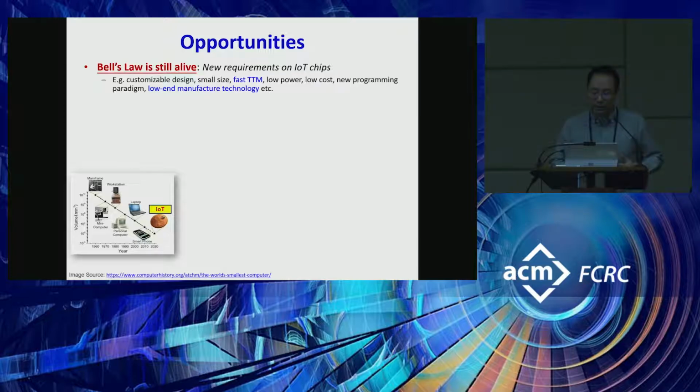Today, people are starting to pay attention to IoT chips. What are the requirements of IoT chips? There are many new requirements: it should be customizable, small, with faster time to market, low power, and low cost.